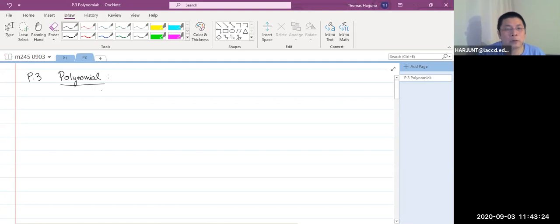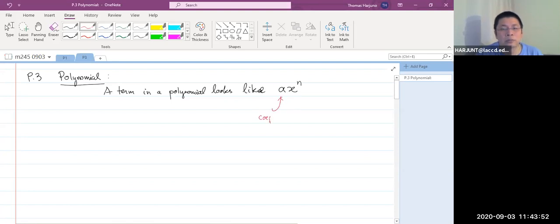A term in a polynomial looks like a x to the n, where the a is the coefficient, the n is the exponent, and the exponent has to be a positive integer.